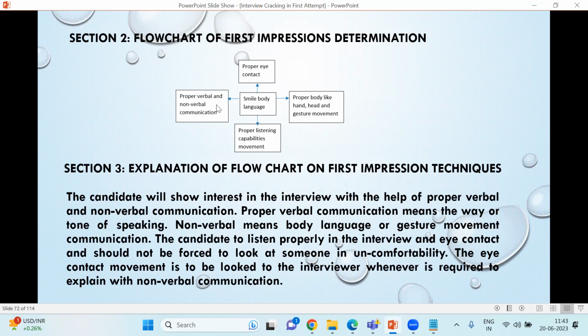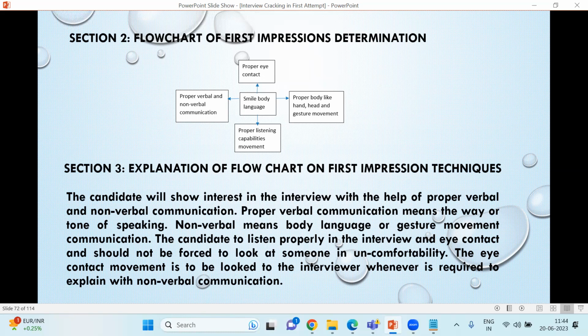Proper verbal communication means you are speaking satisfactorily and orally while giving any answer to the interviewer. Non-verbal communication shows, through the postures of the body, that you agree, accept, or are interested in the questions asked by the interviewer.